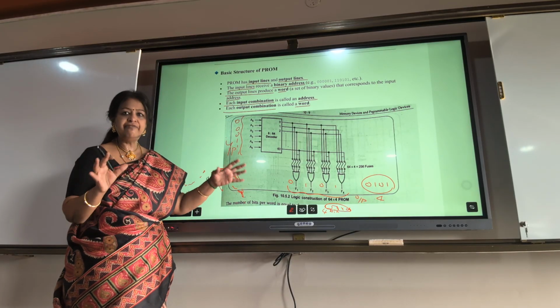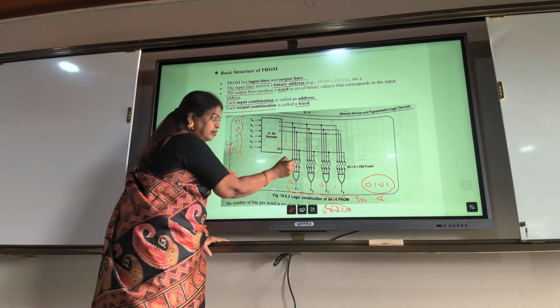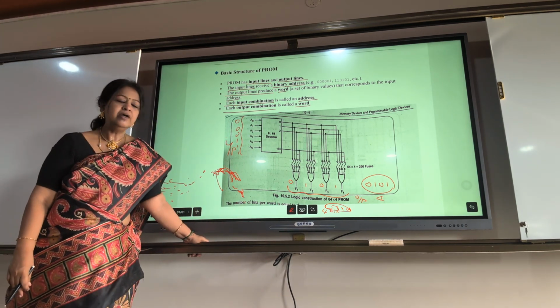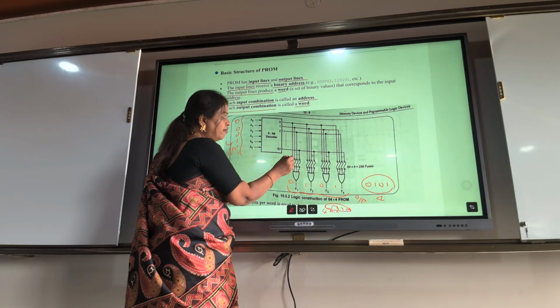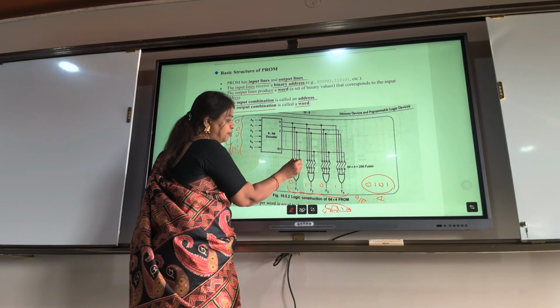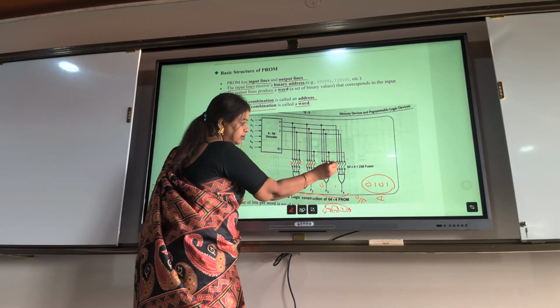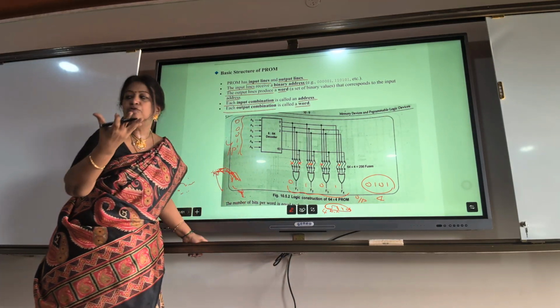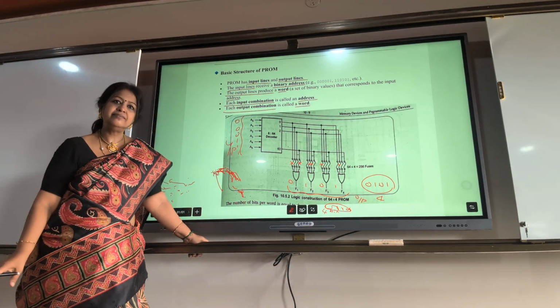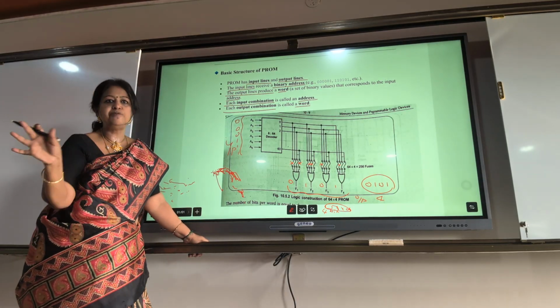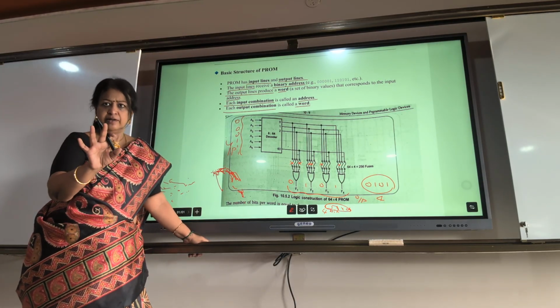When the manufacturer gives you the PROM, all the fuses will be connected. If you don't want a connection, you blow the fuse, that means remove that fuse. That will be your design. Again, you cannot connect the fuse. Once it is programmed, it is programmed. Clear or not?